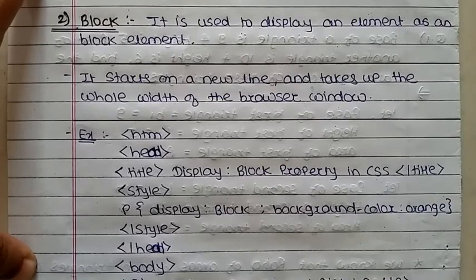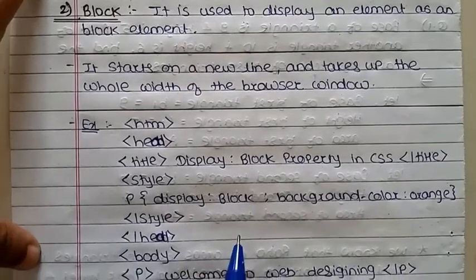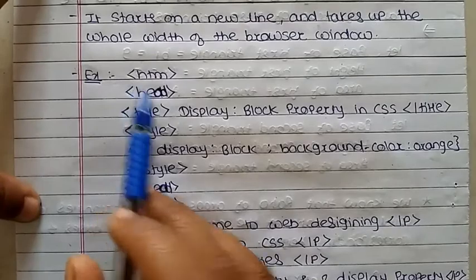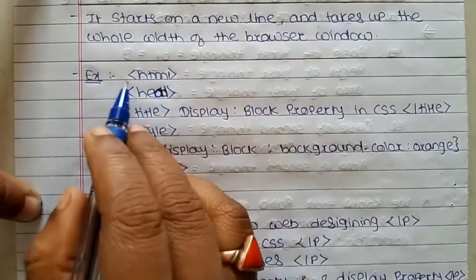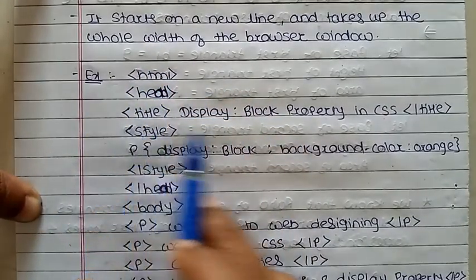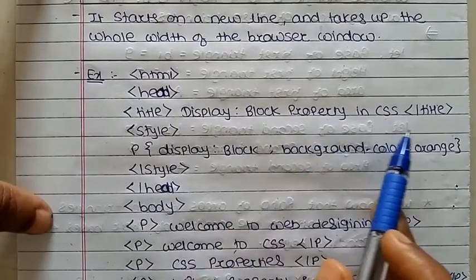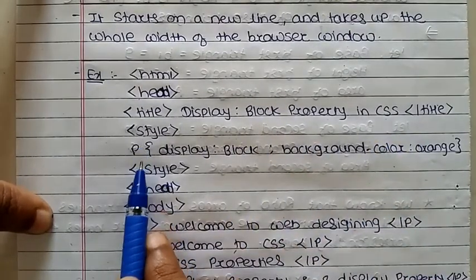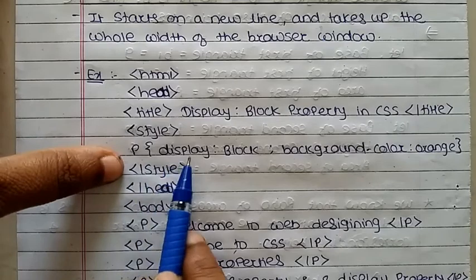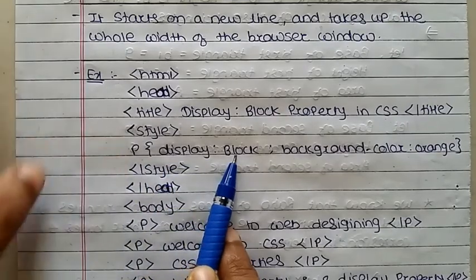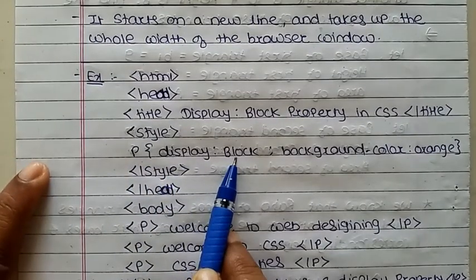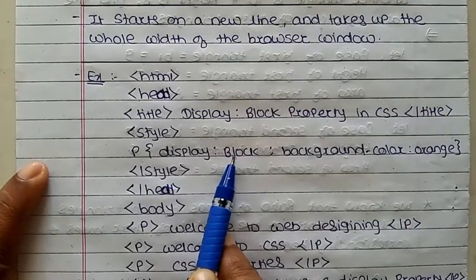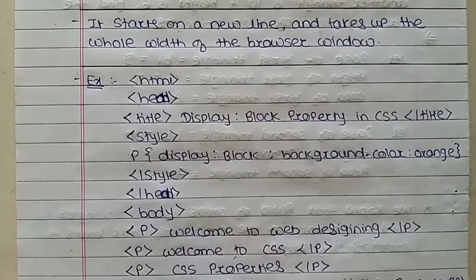So we will start here. HTML, for example: HTML, then head, title, display block property in CSS, title close here, style, then P. In the paragraph tag, display block. Instead of inline we use block. Block means we display the elements as block elements.